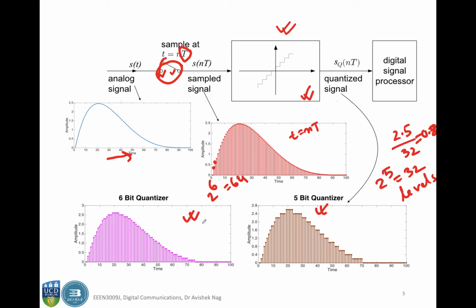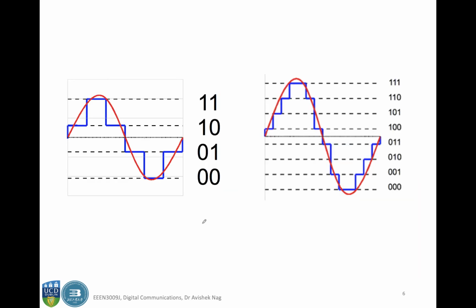So this is the concept of sampling and quantization, and again, if you see here, it will be even more clear to you. So if I have a signal like this, shown in red here, and if you choose only a 2-bit quantizer, it can have 4 levels, and you can represent the signal with these 4 levels.